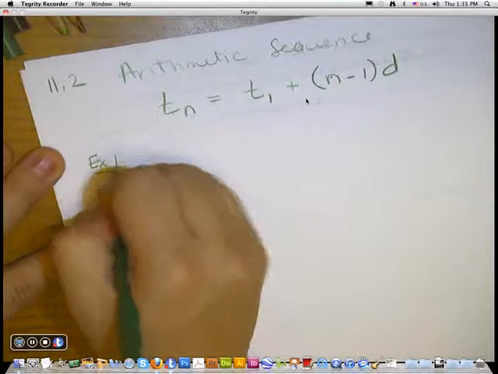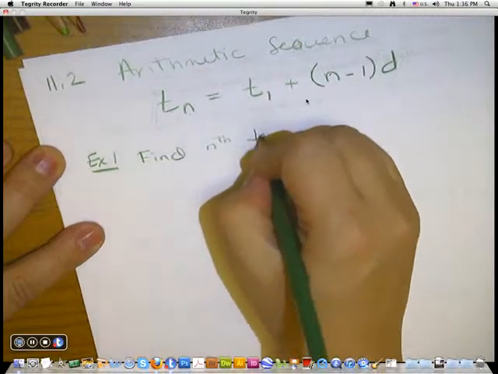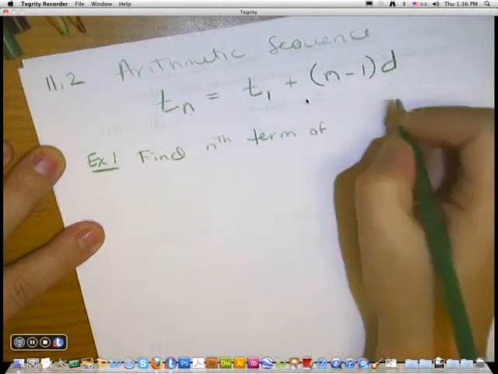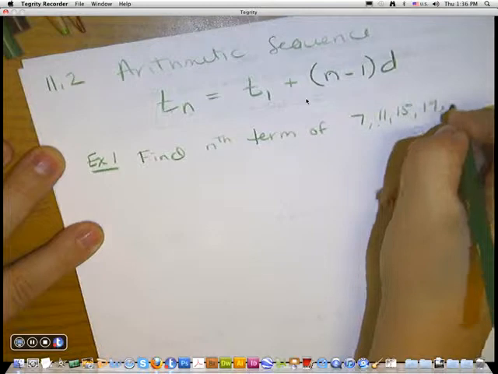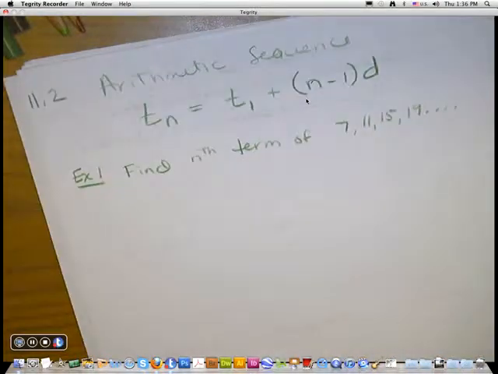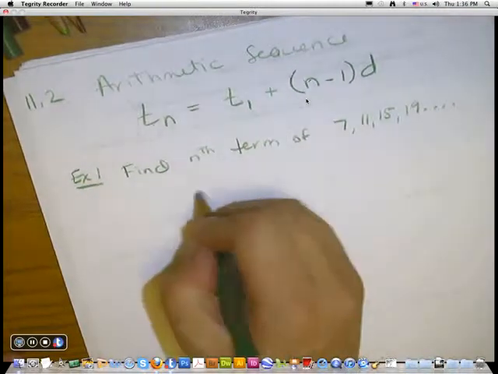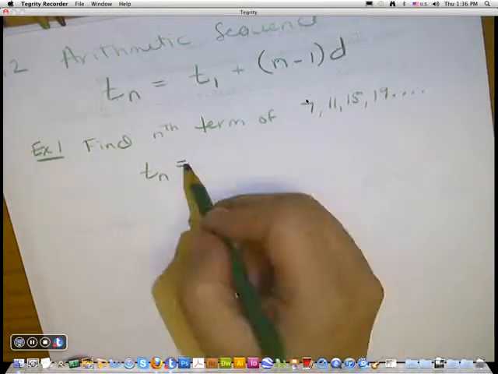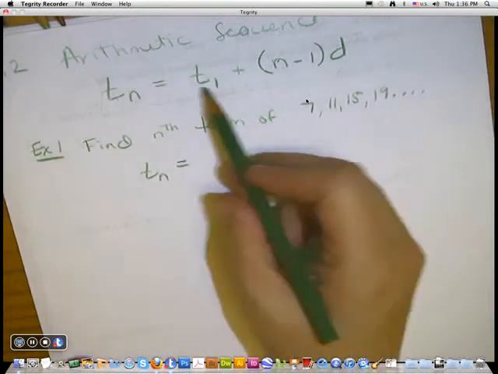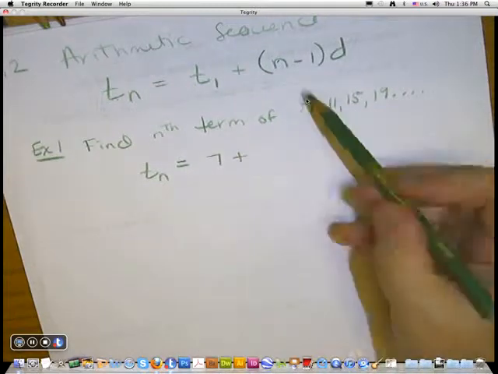Example number 1, we're going to find the nth term of this sequence. Now, when I say find the nth term, that's the formula. That's the generalization of how to get these numbers. So I'm finding t sub n. That means I need to know what's t1. Well, t1 is the first term. What term do I want?